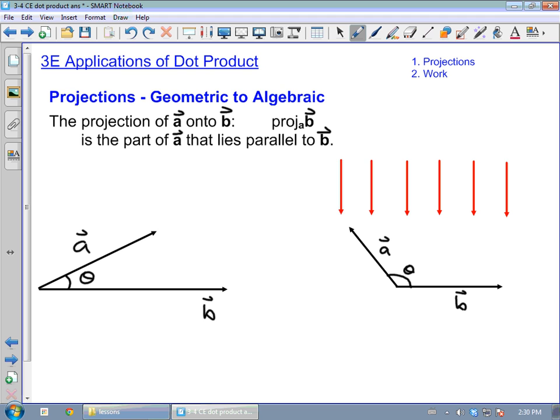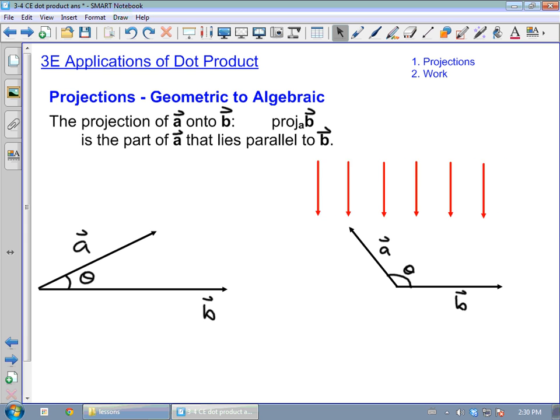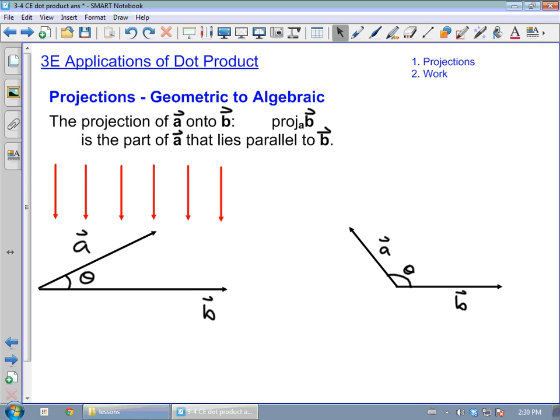The way you can envision a projection is, imagine you've got two vectors here, A and B, with some angle between them, theta. Imagine taking a very, very bright light and shining it down so that these rays of light are perpendicular to that second vector B. This vector A is going to cast a shadow on vector B. The line of the shadow is just going to come down like this.